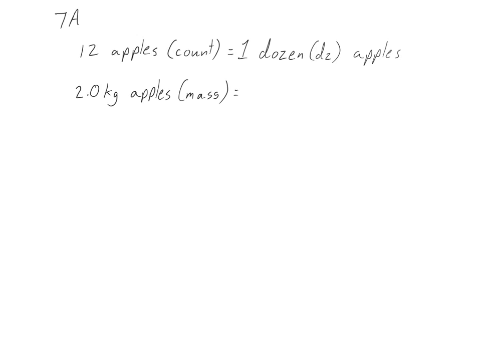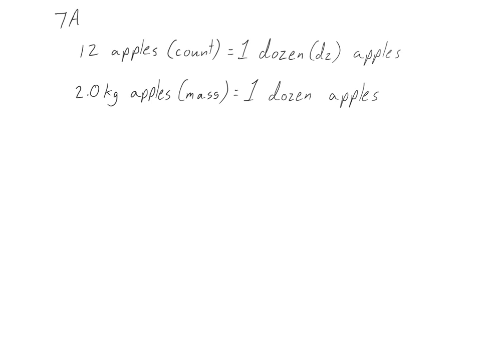So it would be more consistent to just say get 2 kilograms worth of apples. So I would go to the store, I would grab some apples, put them on the scale until I got 2 kilograms of apples. And let's just say that this size of apples, getting 2 kilograms would get me a dozen apples. So that's how I could get my order of apples, by weighing them on the scale.